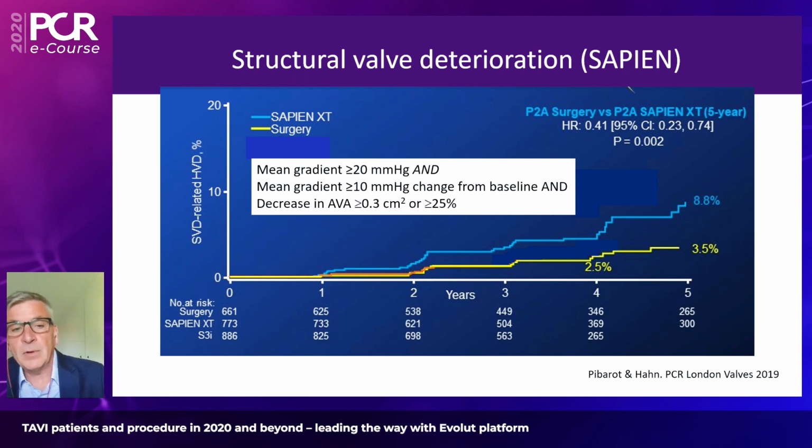And at the same time, we have seen data from the PARTNER 2 trial at 5 years. Again, with the SAPIEN platform, the rate is not lower, but higher in the TAVI cohort compared to the surgical cohort.